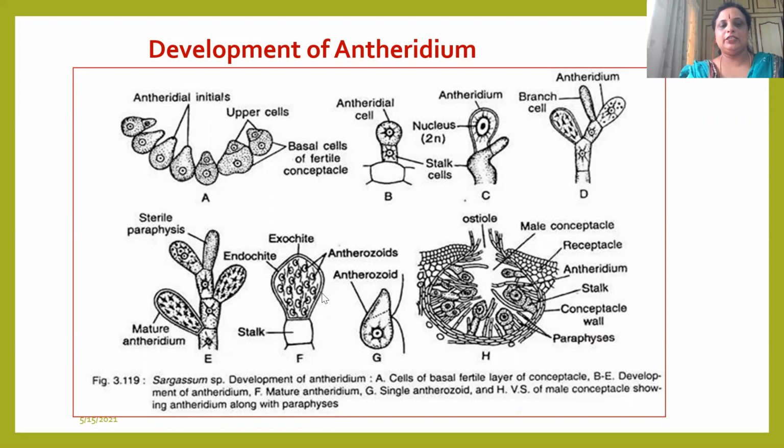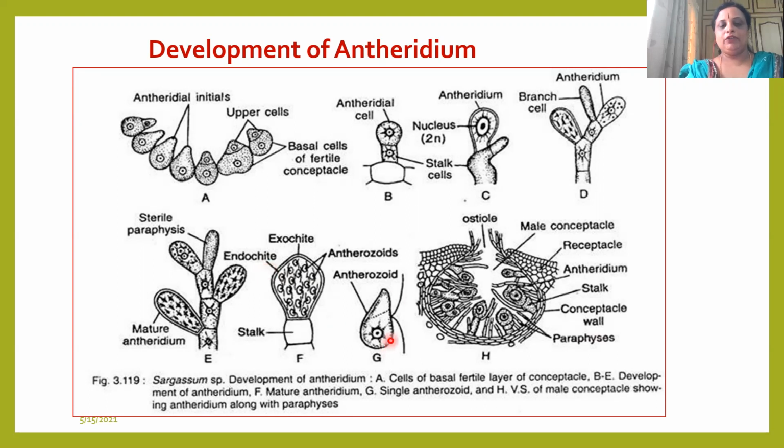Each of this Antheridium is oval in shape, carrying biflagellated anthrozoids. 64 anthrozoids can be observed in each Antheridium, and this Antheridium has two wall layers, exocyte and endocyte.